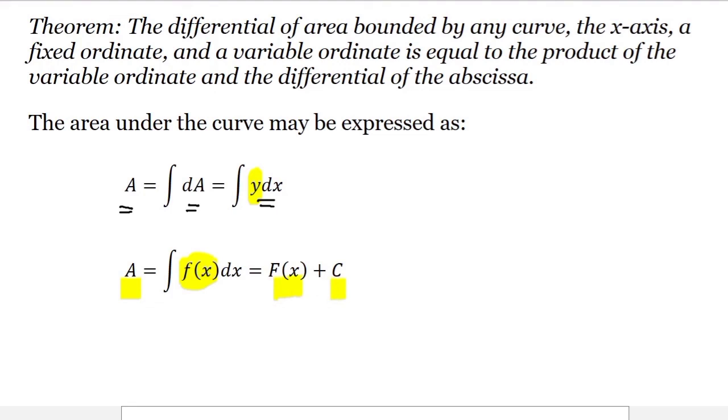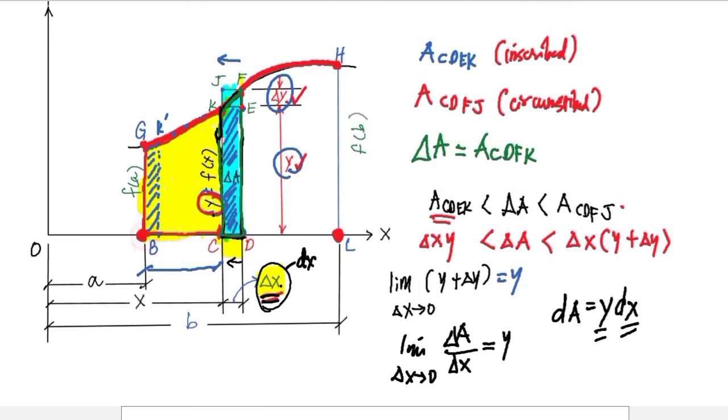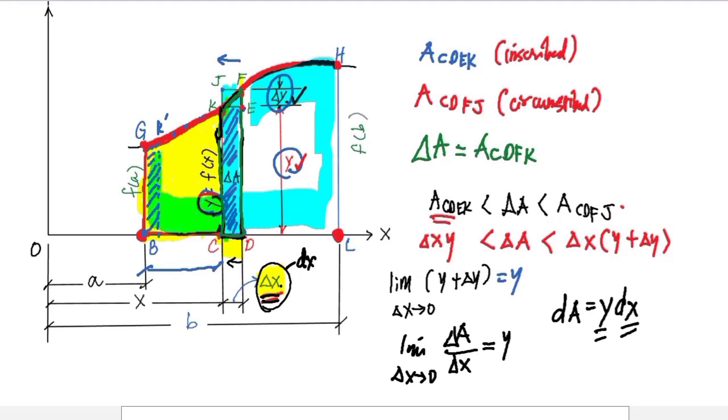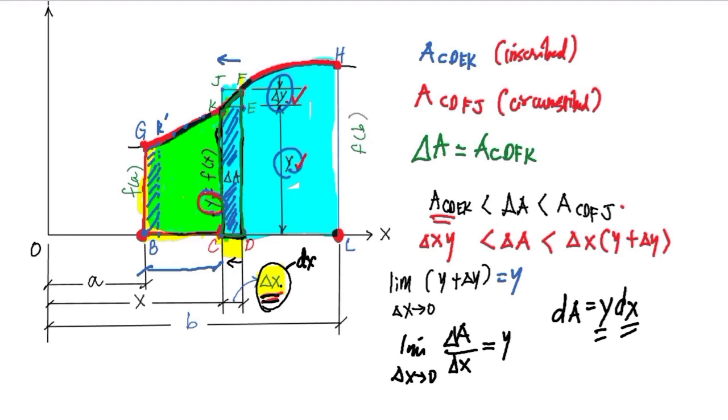But since we will have an area equal to 0 if x is equal to a, let's go back here. When x is equal to a, it is here, and at this point we have no area, because the area we are talking about is the area under the curve, the area of this whole region under this curve. So if we are still at point A, we have no area yet. We only get area as our x moves towards this point L here. Okay?